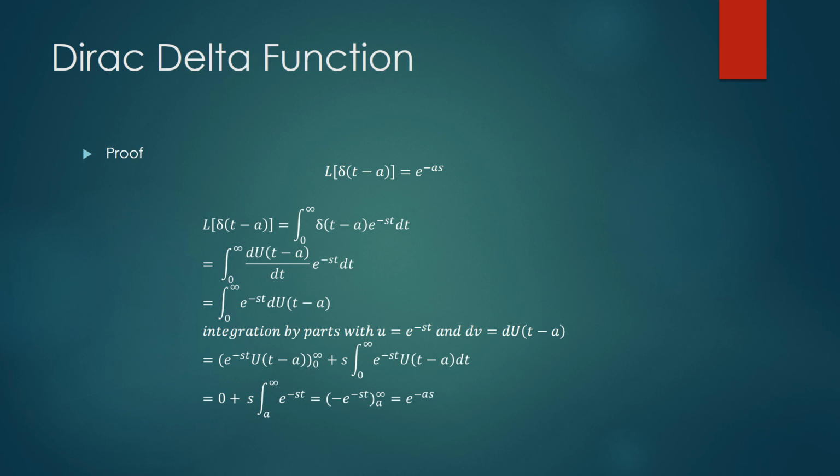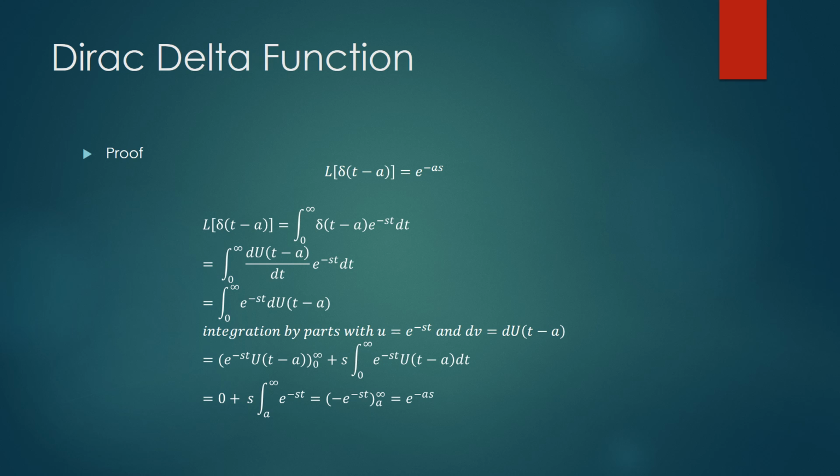We use u as e to the power of negative st, and the dv is equal to du(t minus a), and what we get is e to the power of minus st times u(t minus a) from 0 to infinity plus s times the integral from 0 to infinity of e to the power of negative st u(t minus a) dt.